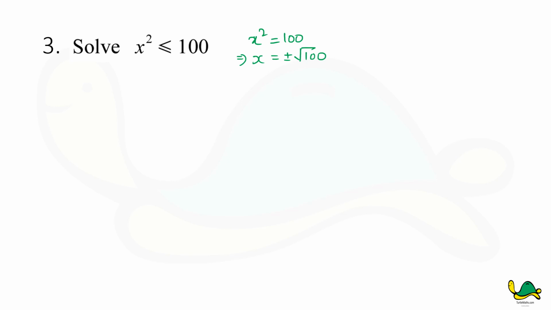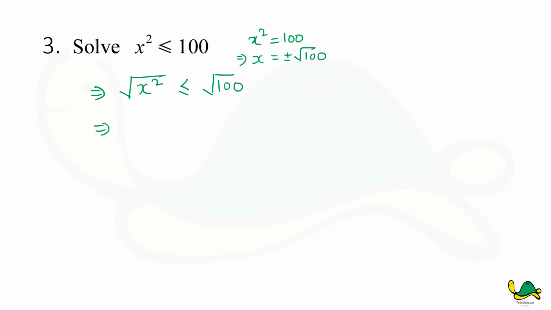But since we have an inequality, we want to be sure that the other side is positive. When I'm taking the square root, I want to ensure that the other side is positive. So what I will do is start with taking the square root. I will write root under x square is less than root under 100.